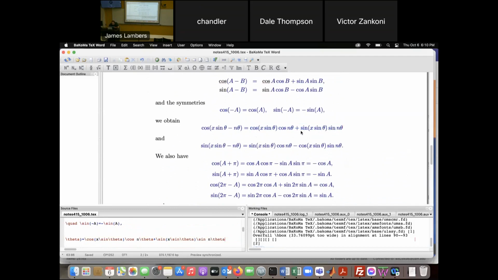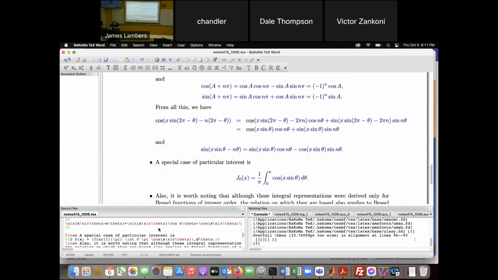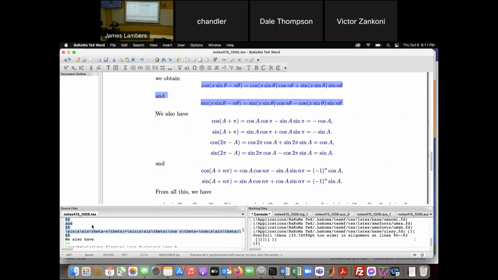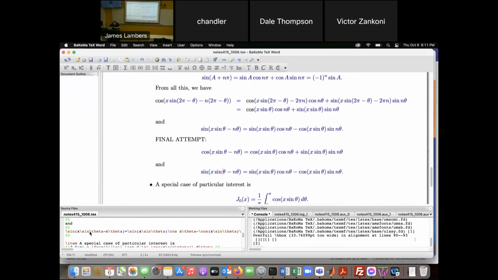I will say though, if I take this and I replace theta by minus theta, it's going to get cosine of now.